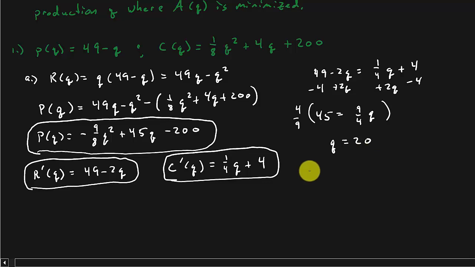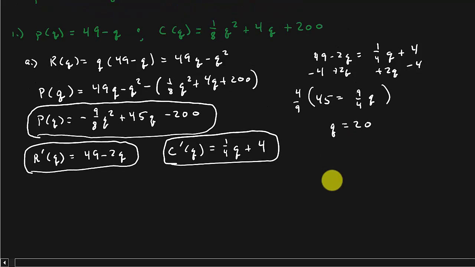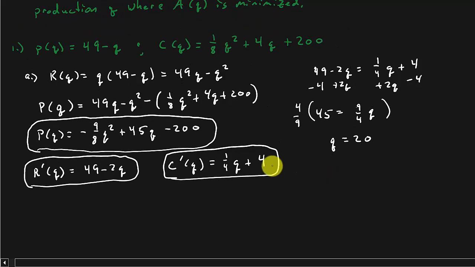And then I can show that it is a maximum. So if we do R double prime of Q is equal to -2, and C double prime of Q is equal to 1/4.